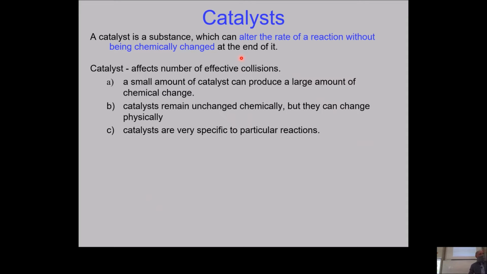Obviously, if you're trying to make a product, the more you can make in a short amount of time, the more money you can make in a short amount of time. And it's not just about money. What about things like if you want to make ammonia? Why would you want to make ammonia? Well, you can make a good fertilizer.